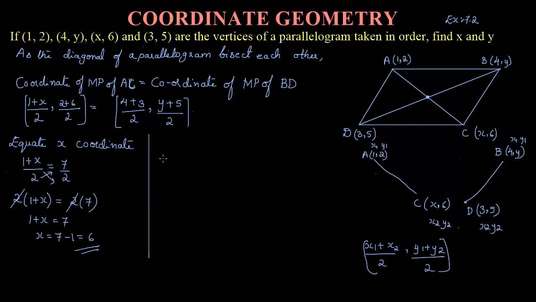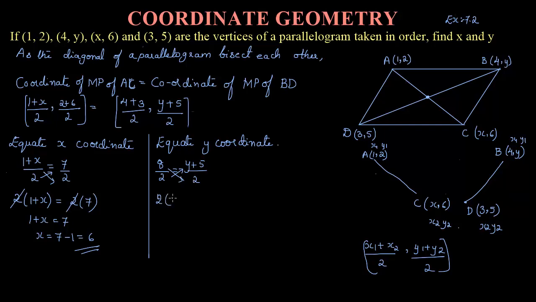In the same way, if I equate the y coordinate, I will get the value of y. Okay, so where is the y coordinate here? Always the second part of the bracket will be the y coordinate. So (2 + 6), which is nothing but 8, divided by 2, is equal to (y + 5)/2. Now cross multiplication. Right?